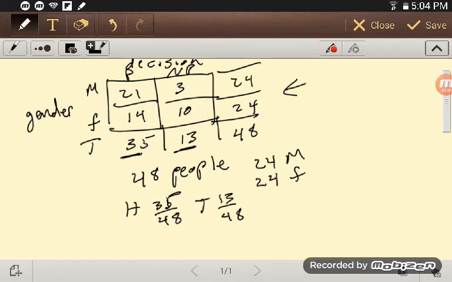And so what we would do is line up the 24 males, 24 females, and we would flip a coin for each one of them, and then we would count.